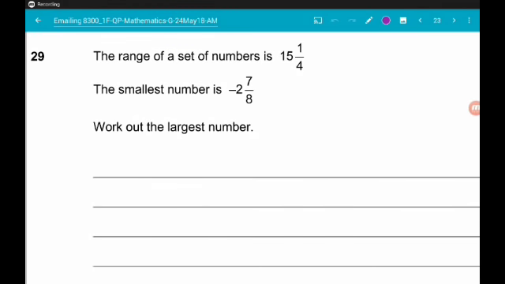Question 29 is quite a tricky one, I think. So the range of a set of numbers is 15 and a quarter. The smallest number is -2 and 7/8. We want to work out the largest number.